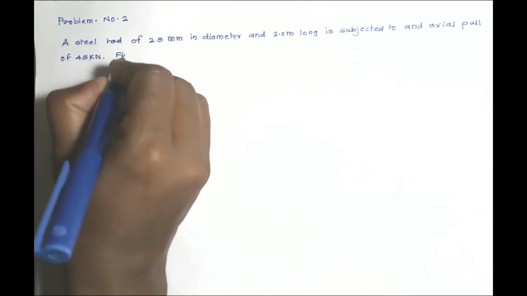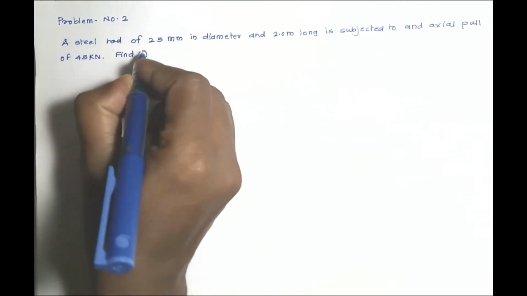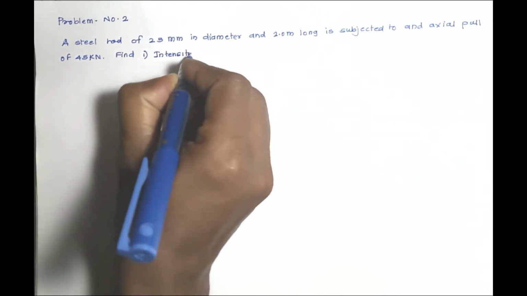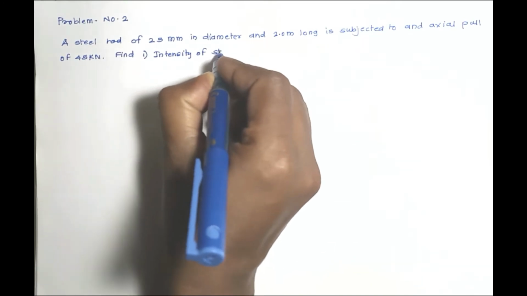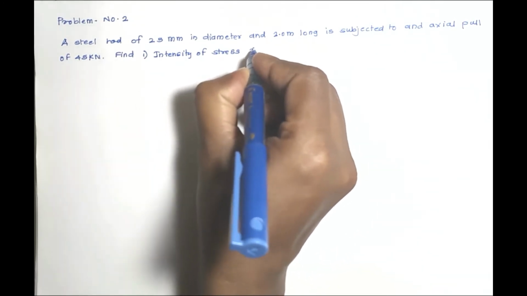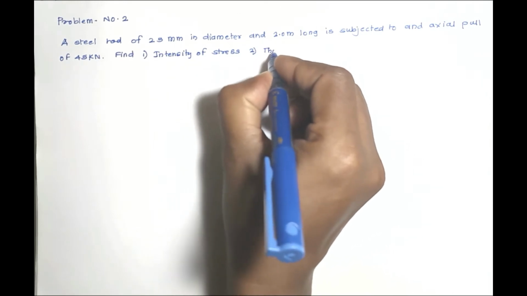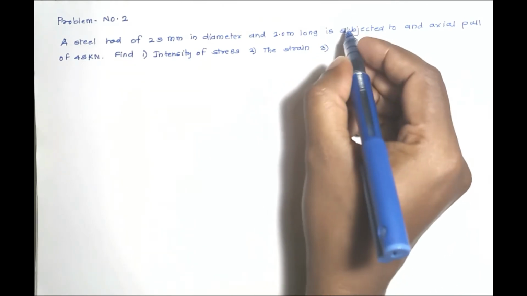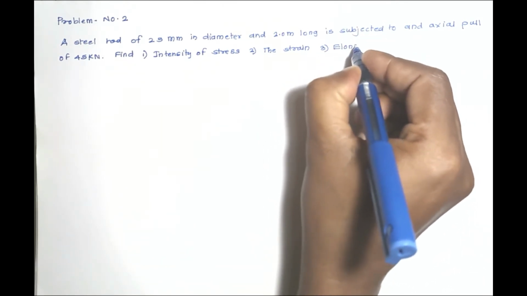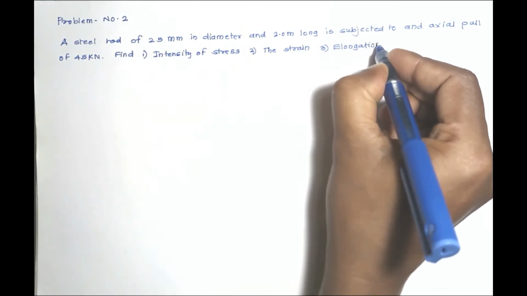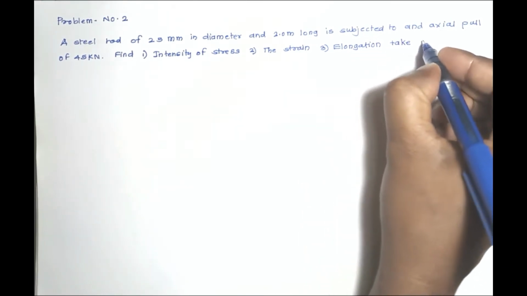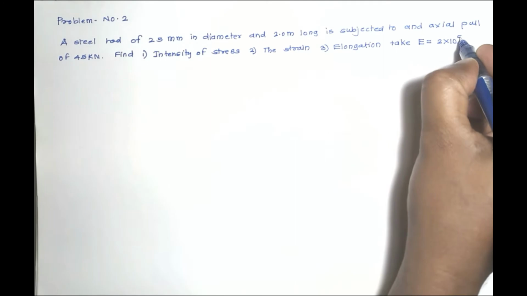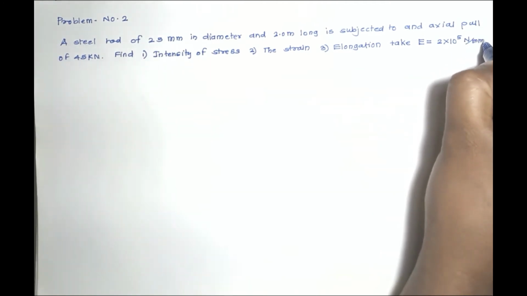Find first, the intensity of stress, second, the strain, and third, the elongation. Take the value of modulus of elasticity E equal to 2 into 10 to the power 5 Newton per millimeter square.